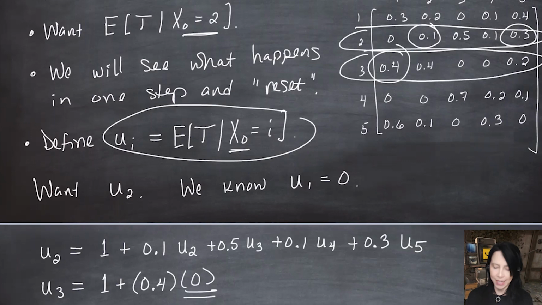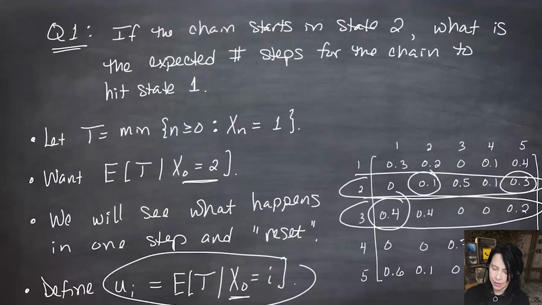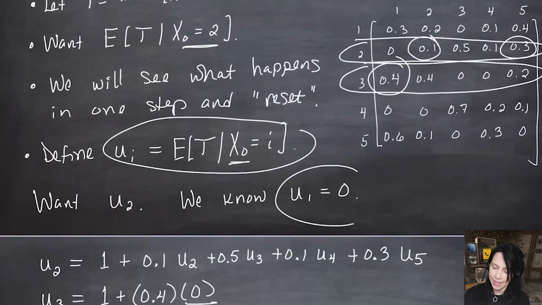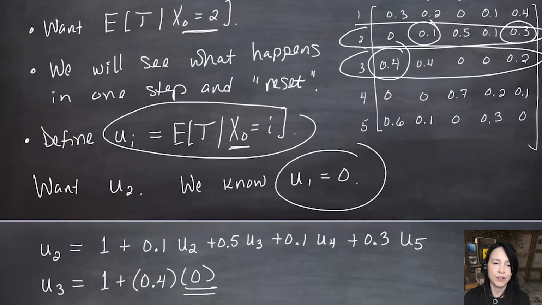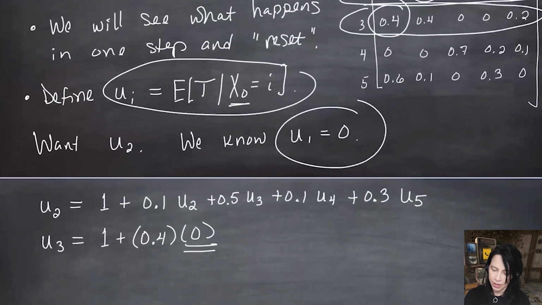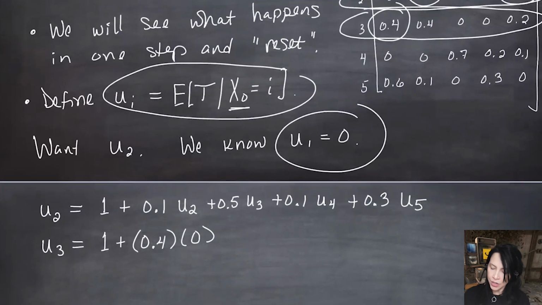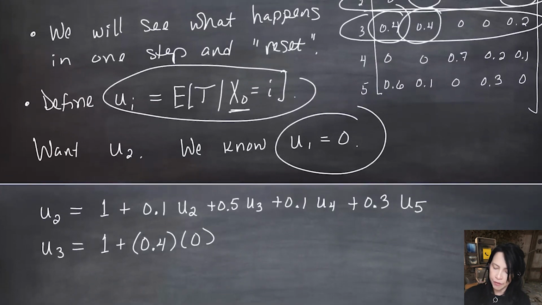If you want this to look like the line above, then you put a U1 there, but we've already said, where did we say it? Here, we already said that U1 is 0. So if you'd like to put a U1 there so that the equations look the same, by all means, go for it. Starting at state 3 with probability 0.4, I also can move to state 2, and then I have to start counting over there.